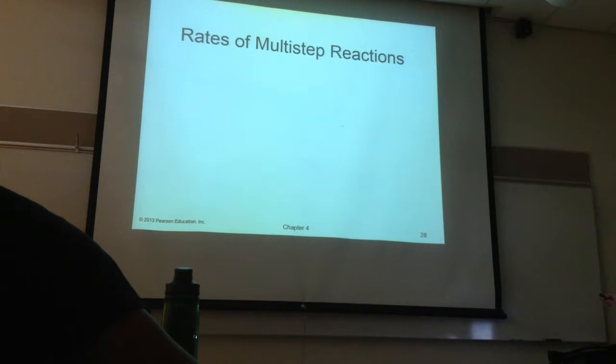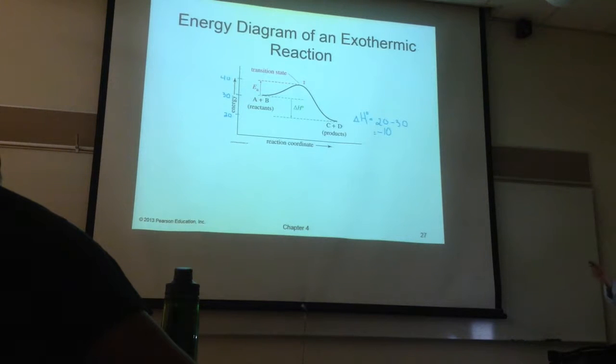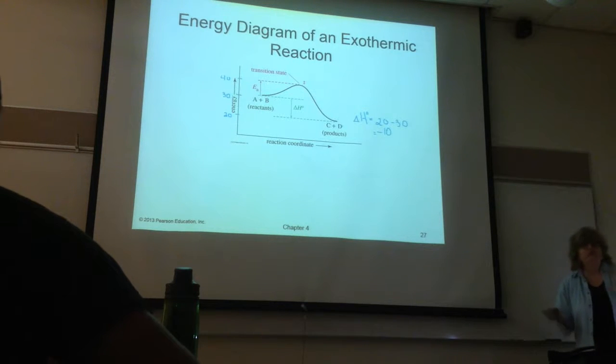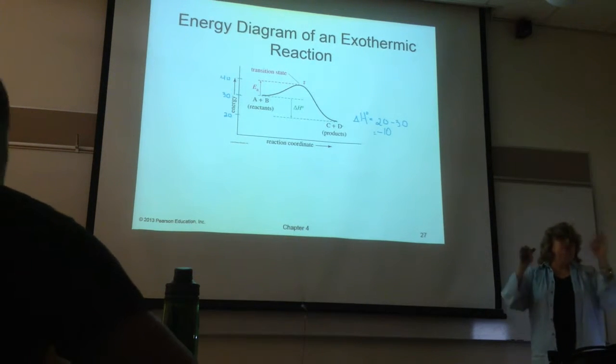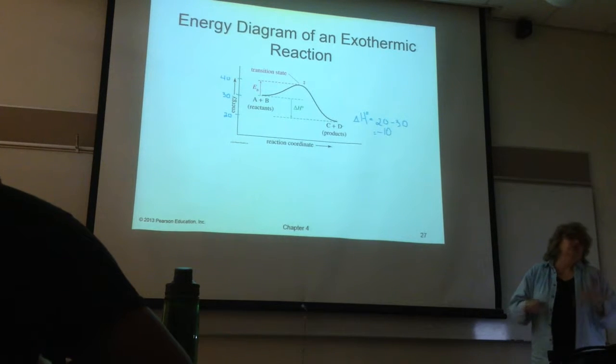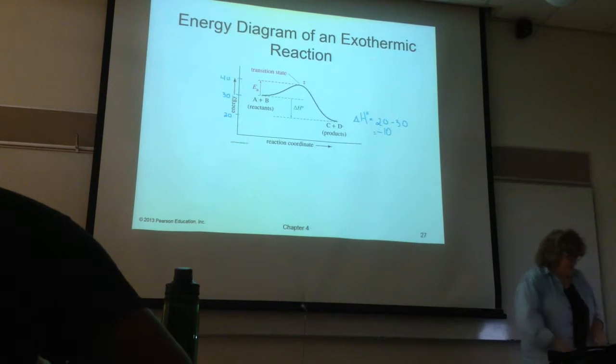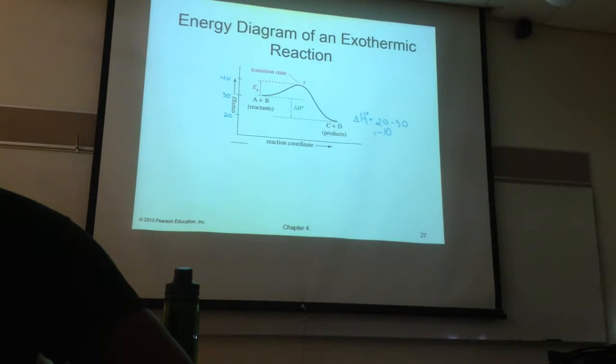All right, so what will be the difference if they say, could you do the energy diagram of a slow endothermic reaction? Draw the energy diagram of a slow endothermic reaction. Okay, here we go.